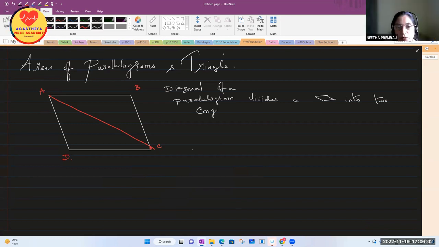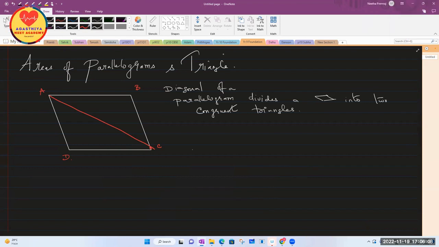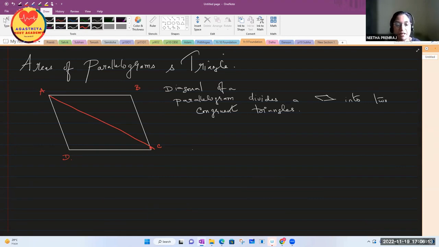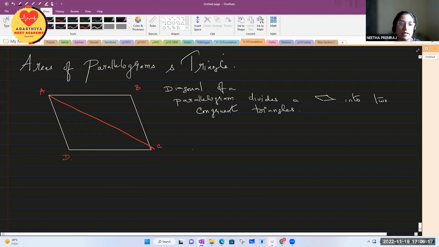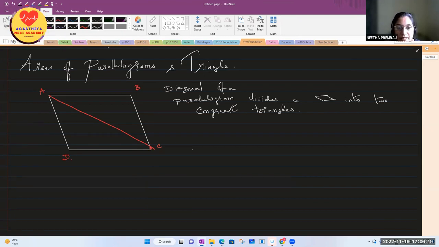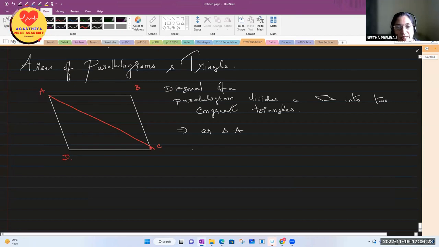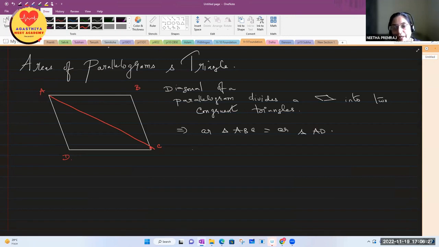What do you mean by congruent? It is exact measurement on both. Exactly. See, a diagonal, whether AC or BD, both are equal. Both are congruent. Which implies area of triangle ABC is equal to area of triangle ADC. If two triangles are congruent, their areas are equal.